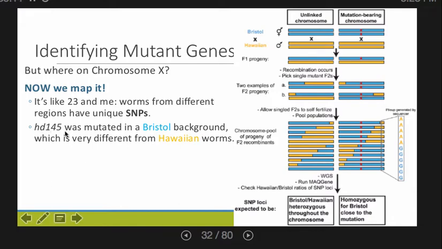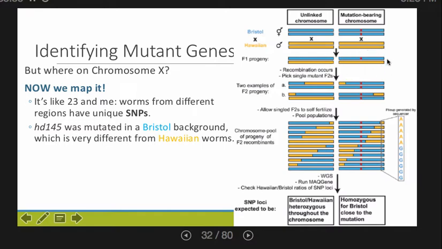HD145, our mutation that we're talking about right now, happened in a Bristol background. So this red dot is our HD145 mutation. And it's surrounded by blue, which means that whenever we find a red dot, it's going to be flanked by blue. Very important.